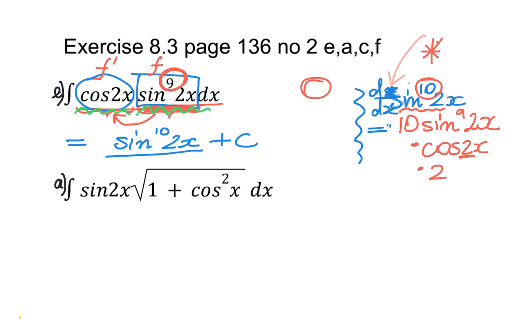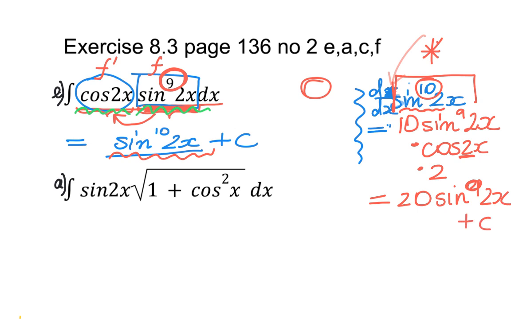So if I differentiate sine of 2x to the power of 10, I actually get 20 sine to the power of 9 of 2x cos 2x. So what should be my answer for my integration? Well, obviously 1 over 20 to get rid of this coefficient: 1 over 20 sine to the power of 10 of 2x plus c.